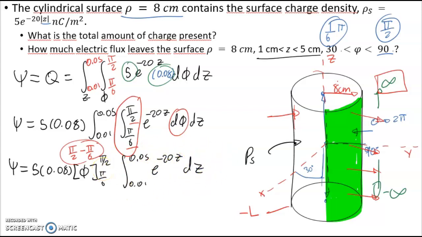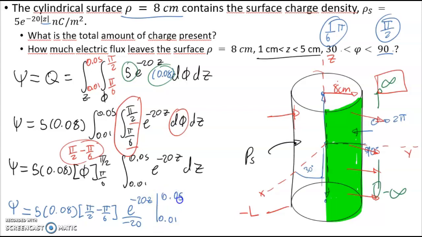At the end, we will have an expression for my flux equals 5 times 0.08 times pi over 2 minus pi over 6 times e to the minus 20z over minus 20 evaluated from 0.01 to 0.05.